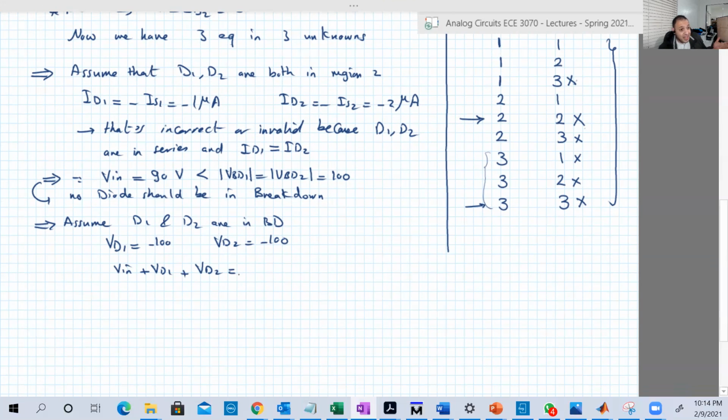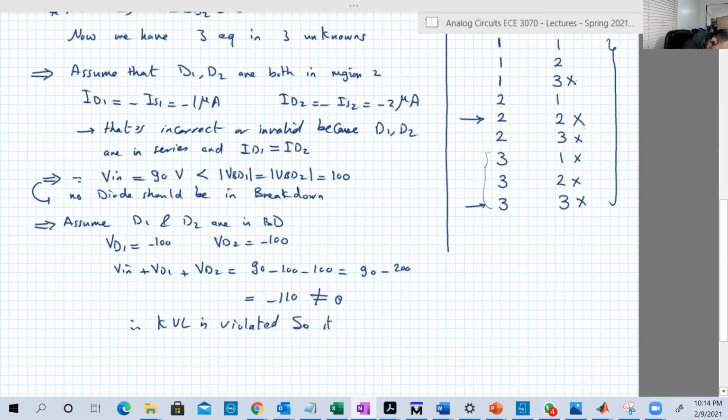So KVL should give you zero, but let's see. This is equal to 90 minus 100 minus 100, which is basically 90 minus 200, which is minus 110. This doesn't equal 0. So KVL is violated.